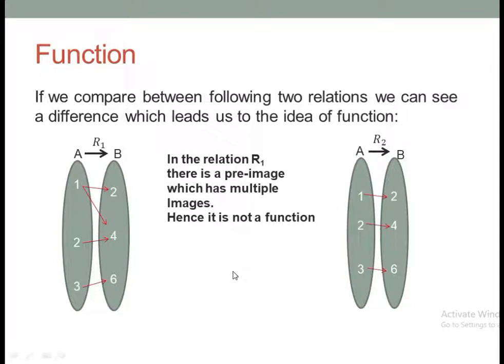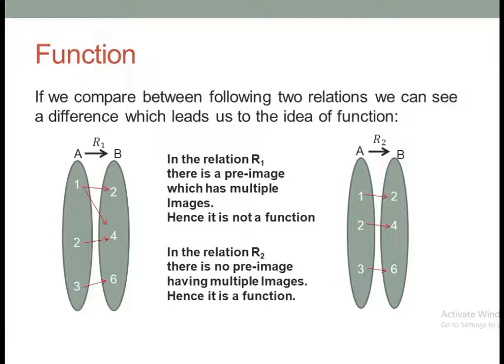Hence, R1 is not a function. In the relation R2, we can see that there is no pre-image having multiple images. Each pre-image has only one image. So this characteristic of R2 allows it to be a function. So R2 is a function.